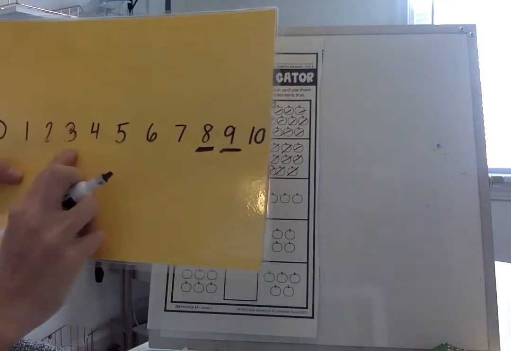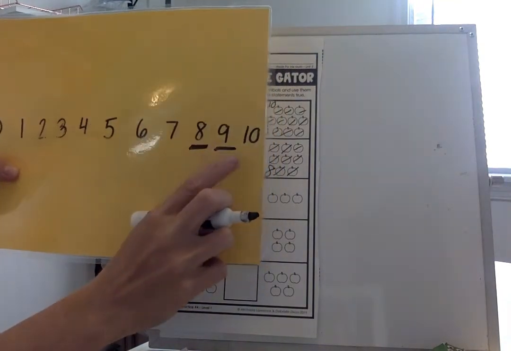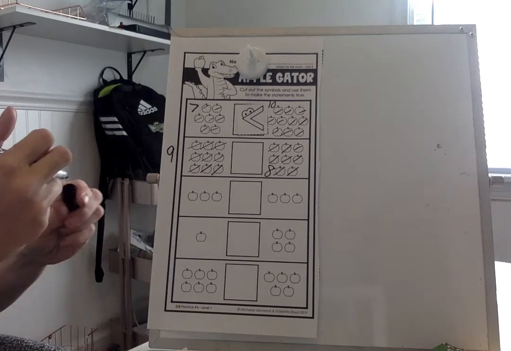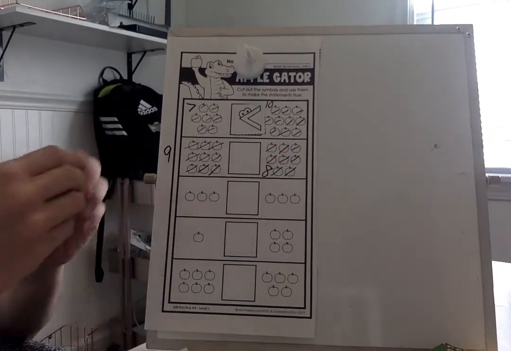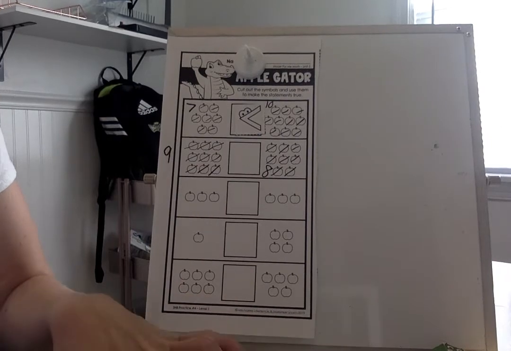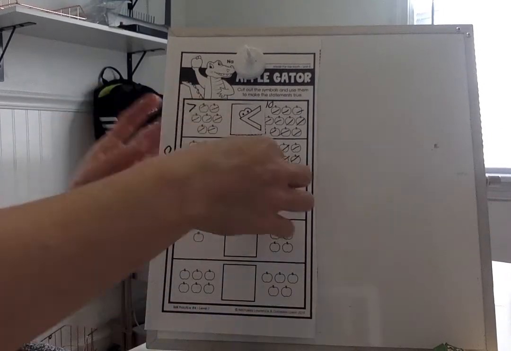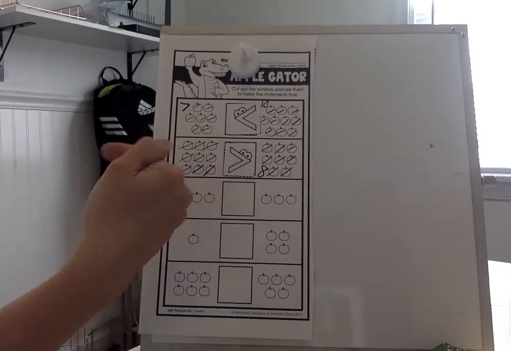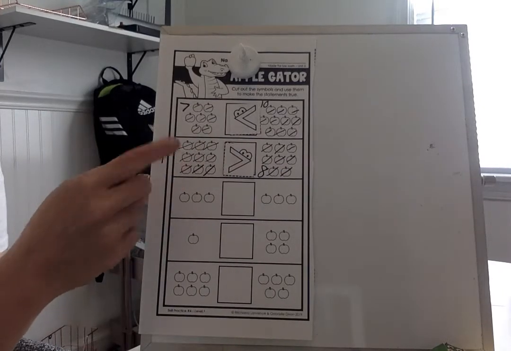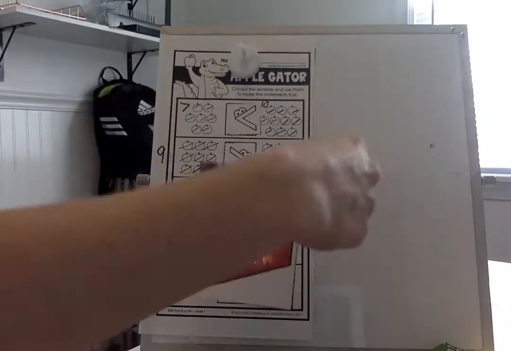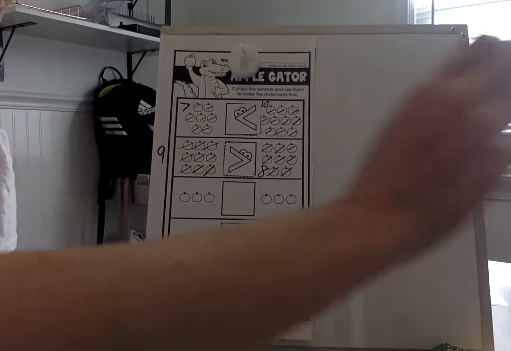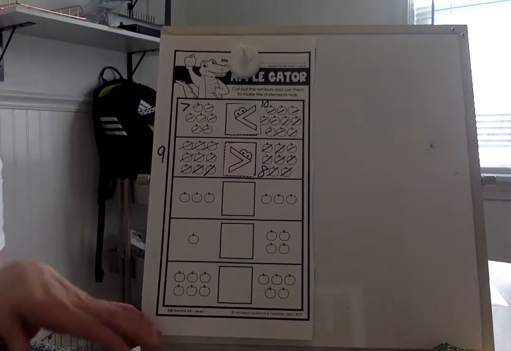So which number is bigger? Which number comes second, last? 9. Very good. So the 9's on this side. So now our alligator is going to want to face the 9 and eat the bigger number. So I'll go ahead and glue that in. And since it's facing this way, that means this is the bigger number. So we would say 9 is greater than or more than 8. Greater than means the same thing as more.